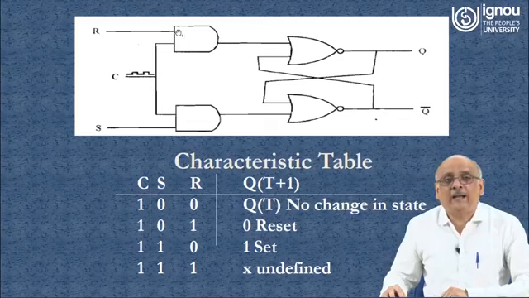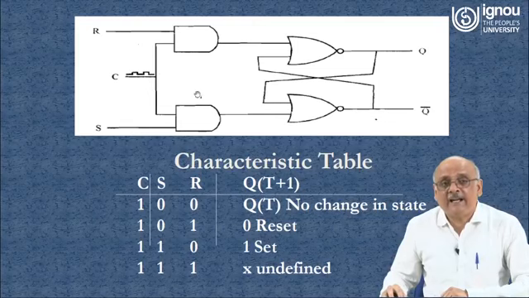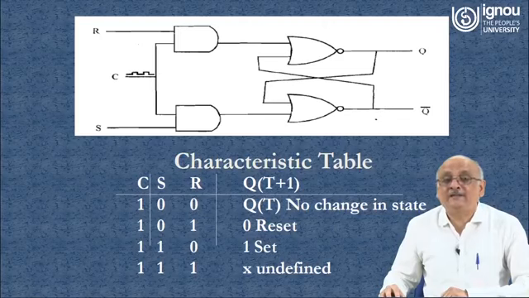The output of an AND gate is 1 only when both inputs are 1, and since R as well as S are both zeros, the output of this AND gate as well as the other AND gate will be 0. So both values will be 0.